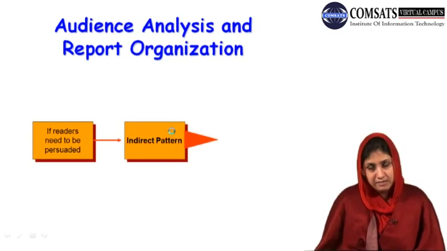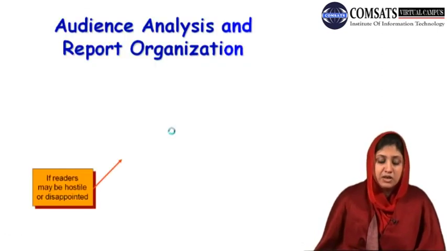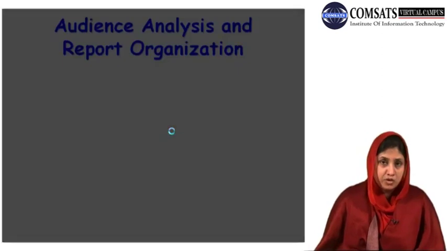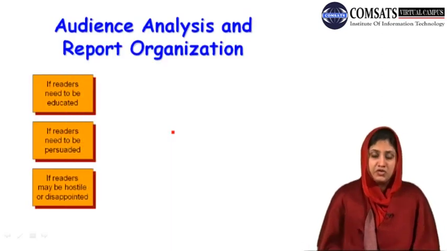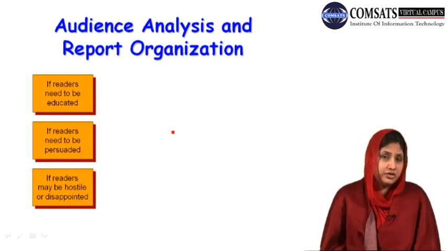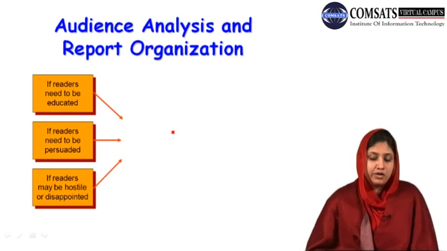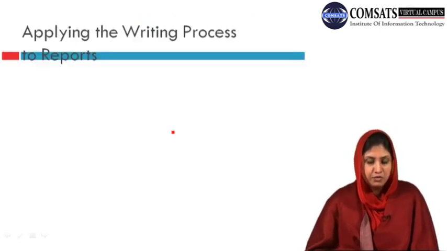And the third situation is if readers may be hostile or disappointed, then again you will use an indirect pattern to lead your readers where you want them to be led. So in three situations, when your readers need to be educated, need to be persuaded, or are hostile or in a disappointed state of mind, you need an indirect pattern of report writing.